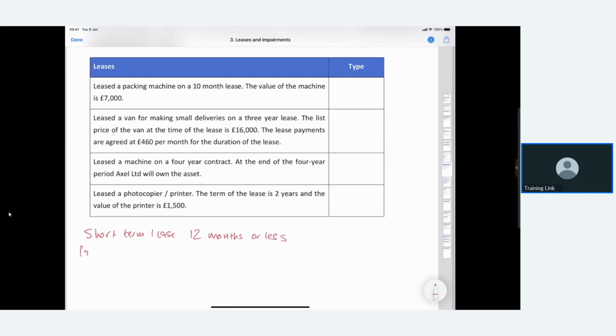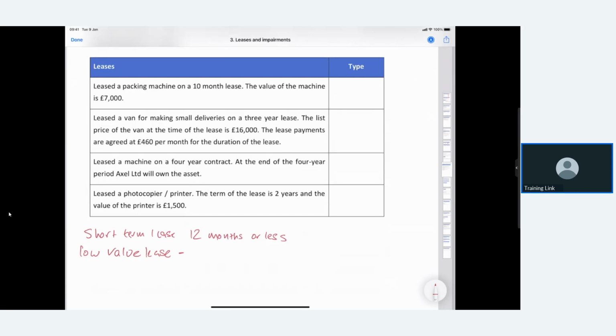Low value lease, a little bit more of a grey area. It's not as determined as short term. However, what you need to look at as a business to determine whether it's a low value lease is what is the item?